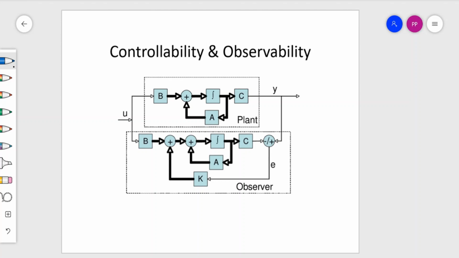It has some input u and some output y. Here it is shown as a linear model of a plant, but in reality that will be a real plant that is generally non-linear. This plant is something whose output I am trying to control with the help of some special technique.